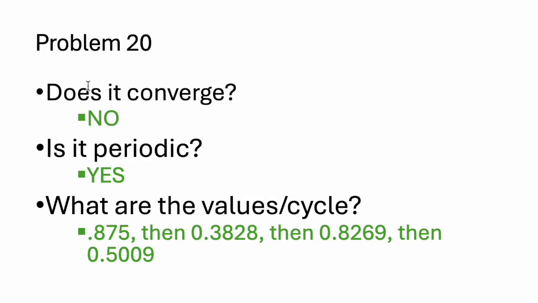So just to have that written out, it still doesn't converge, but it is periodic, and it is periodic on these values. I think it's arbitrary where you start it, but the values in this order, 0.875, then 0.38, then 0.82, and then 0.50.